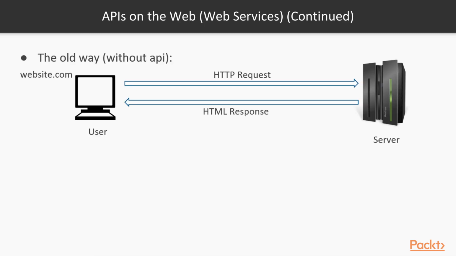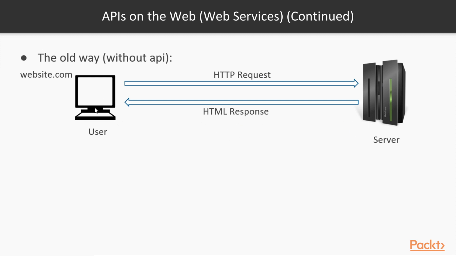So let's take a look at how the web functioned before APIs, the old way. So we had a user with a computer, a desktop machine or whatever, and the user went to website.com. And once it went there, the browser sent an HTTP request to the server of website.com, and the server responded with an HTML response.